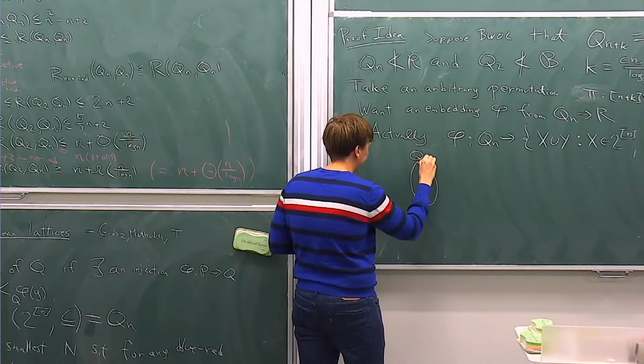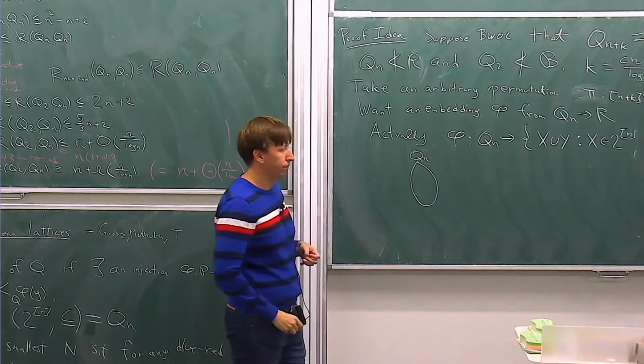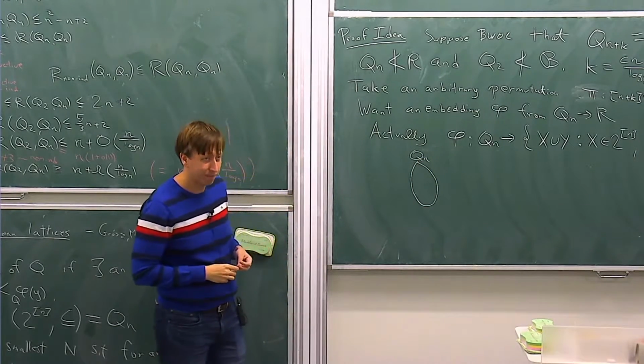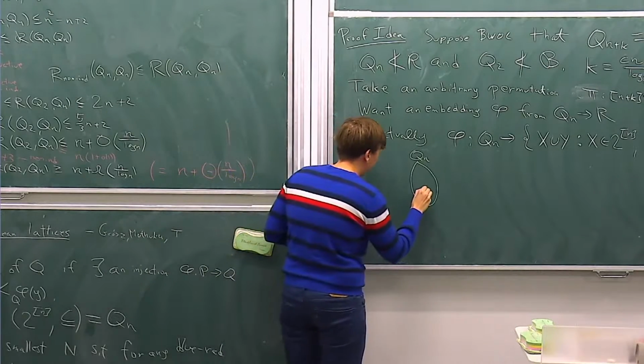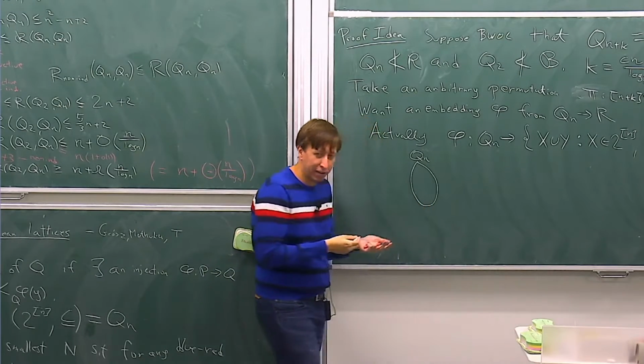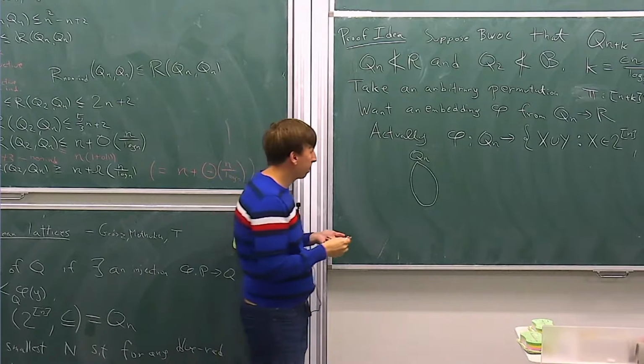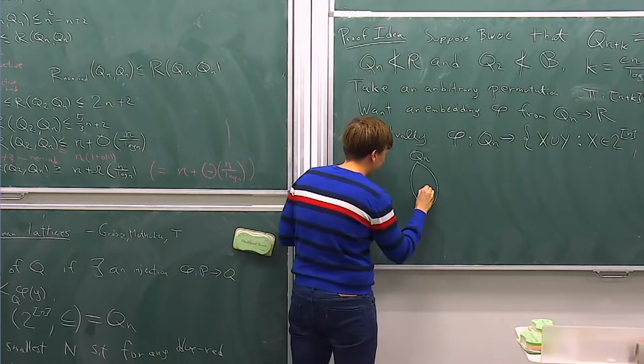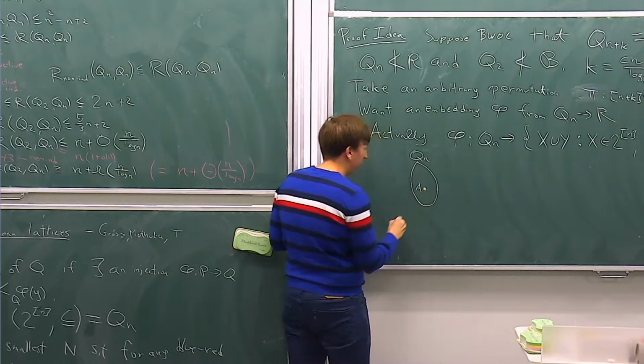So here's Qn, and let's say we're in the process of defining this embedding. We have a set A in Qn which we're trying to embed.